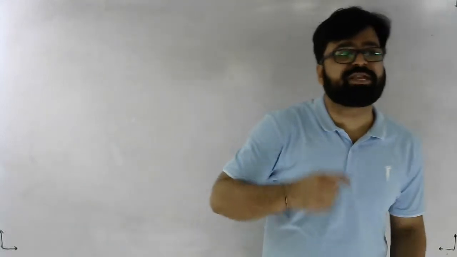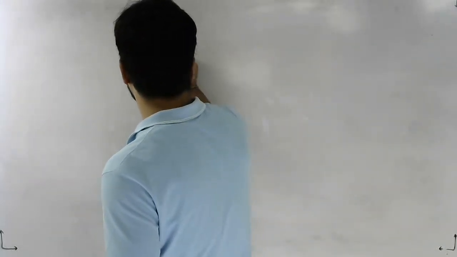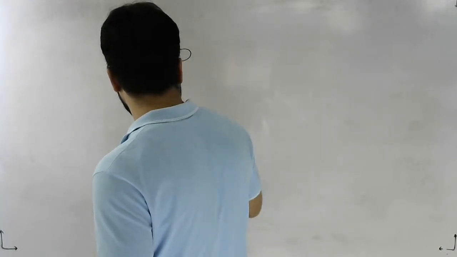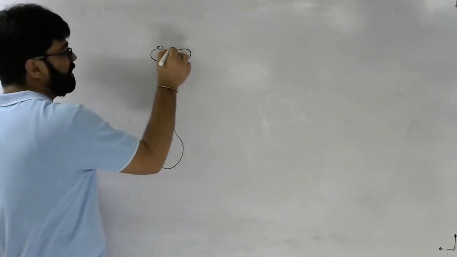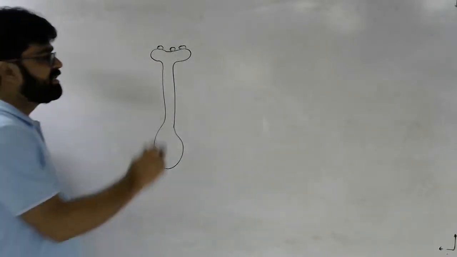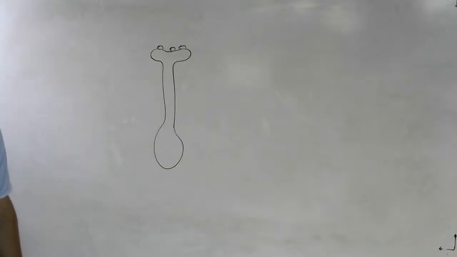whenever pollen reaches to the stigma, this is the stigma, this is the style and ovary, we all know. Whenever the pollen reaches to the stigma, here I have drawn 3 pollens, they have reached to the stigma. Interaction between these two will initiate the process of formation of pollen tube.